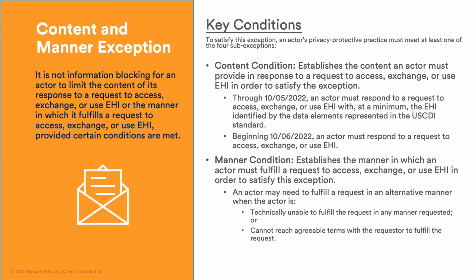Starting with the content condition, this exception is pretty much what allows you to use the USCDI for the first 24 months or until October 5th, 2022. After October 5th, 2022, starting on October 6th, you must use the full definition of EHI. So that one's pretty quick and simple.